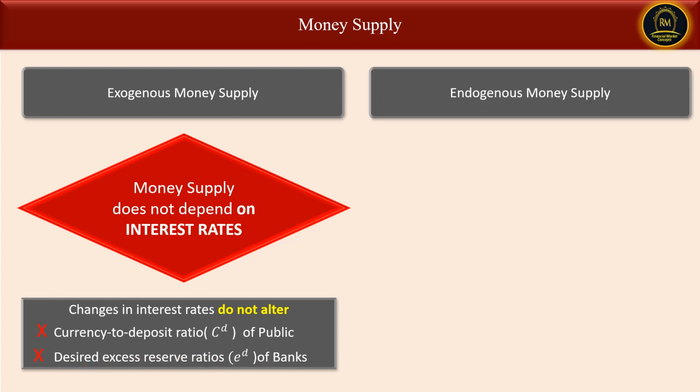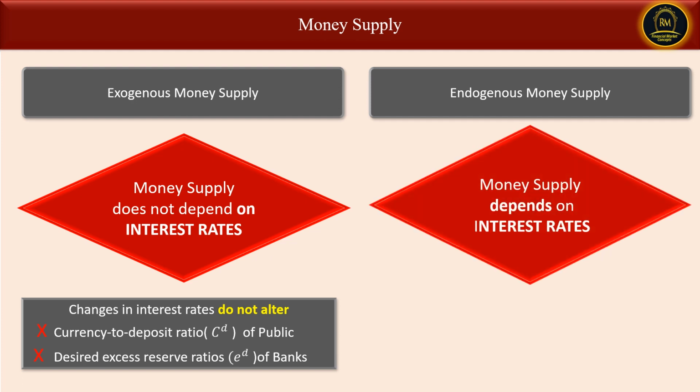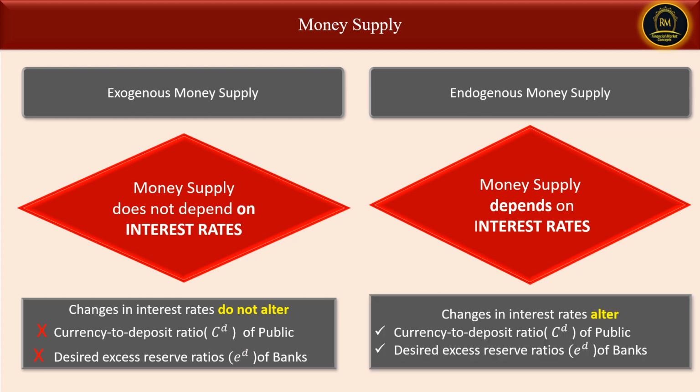Whereas endogenous money supply is the money supply that depends upon economic variables like interest rates. As a result, a change in the interest rate alters or changes the currency to deposit ratio with the public and the desired excess reserve ratio of banks.